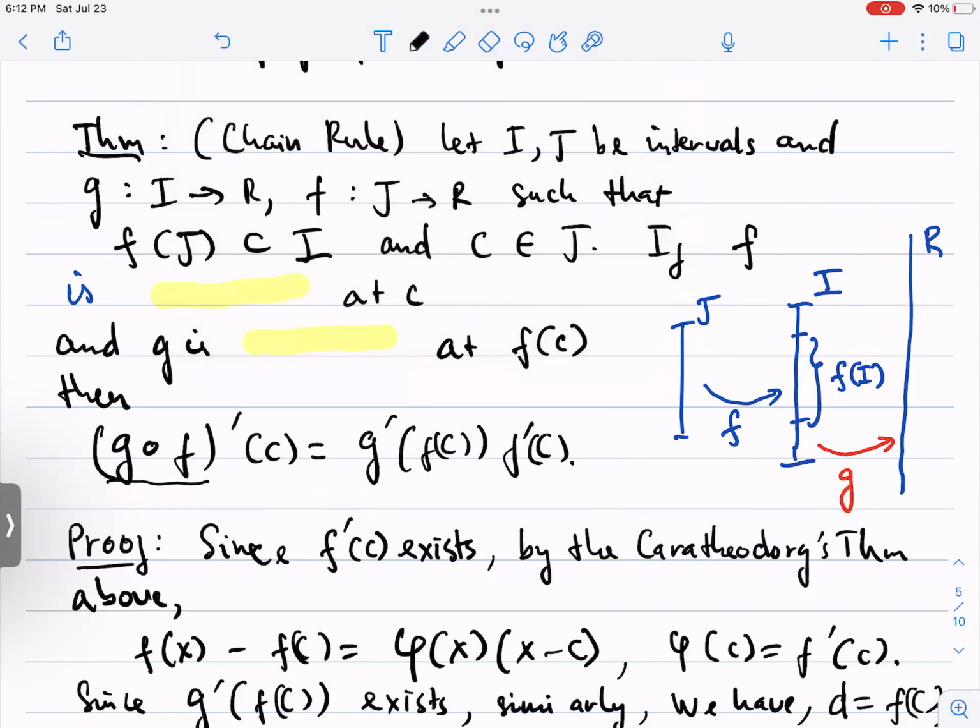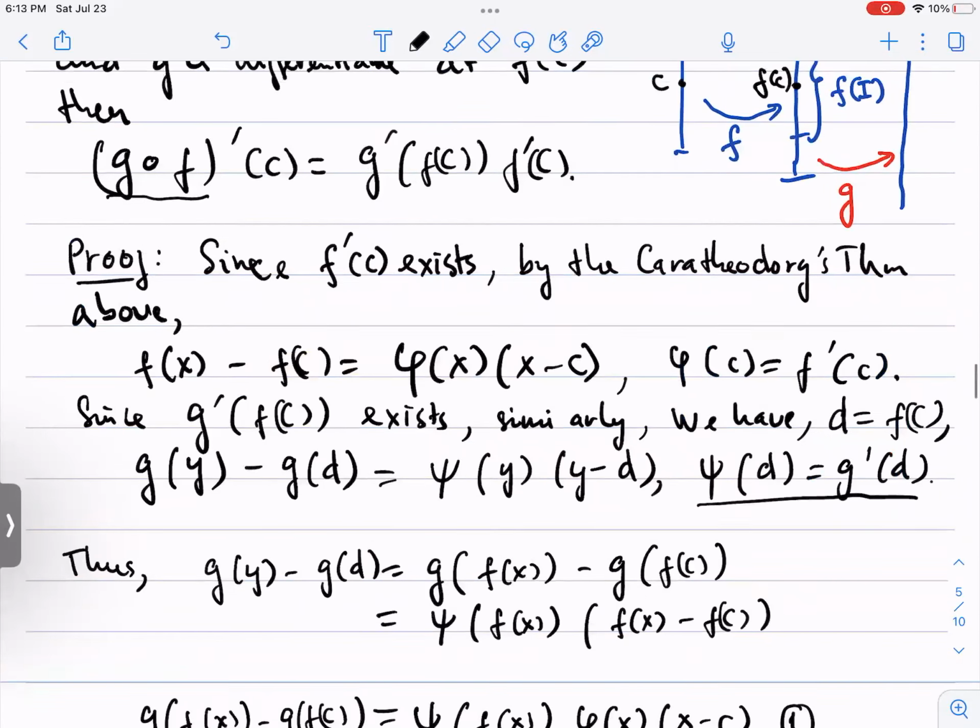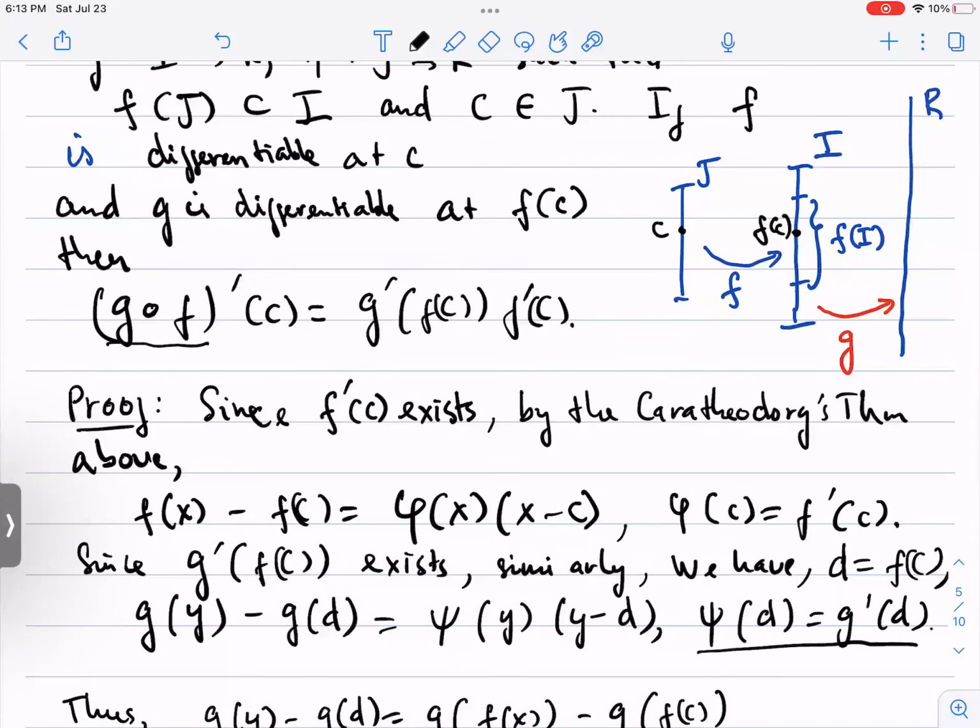The conclusion is that if f is differentiable at c and g is also differentiable at f of c, where c is the point here and f of c is this point, then the derivative of the composition g and f is equal to g prime of f of c times f prime of c.